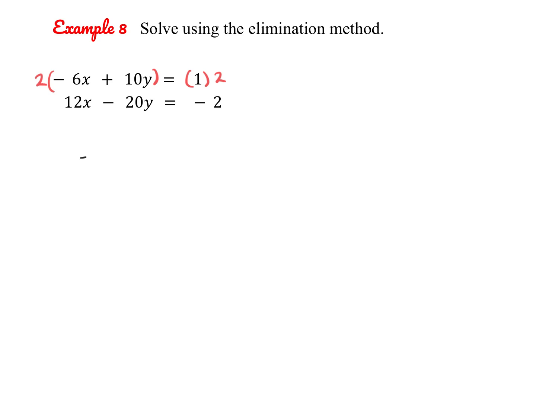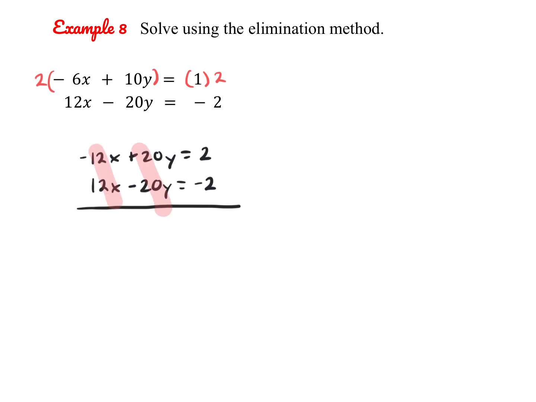So we have negative 12x plus 20y equals 2, and then positive 12x minus 20y equals negative 2. So when I add vertically, you'll see this becomes 0, and this also becomes 0. So we're left with 0 equals, well, then 2 plus negative 2 is 0.